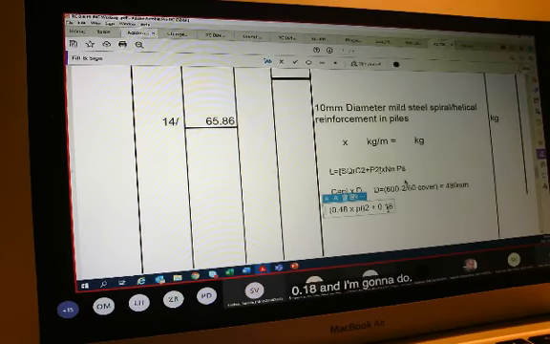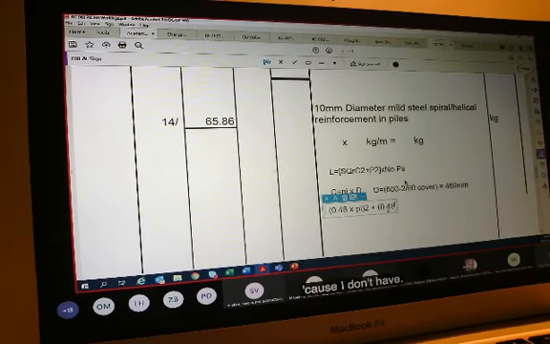That will be C. Okay, happy with that? So that goes in there.